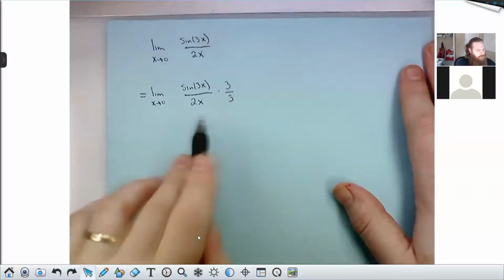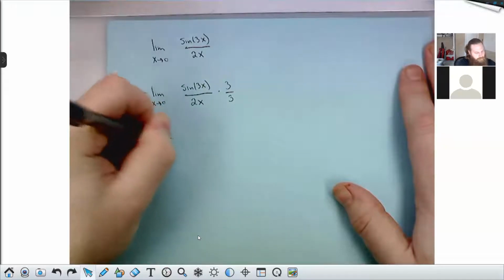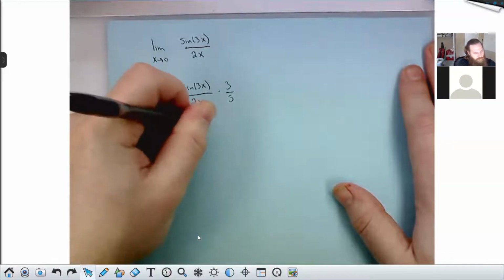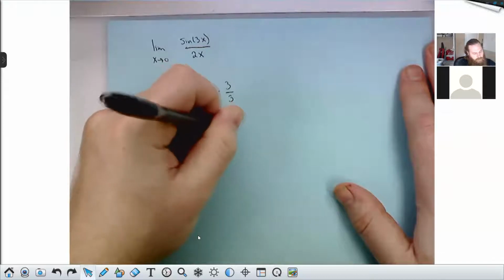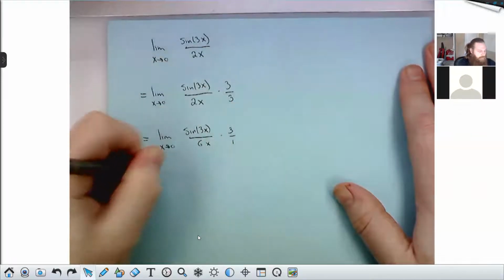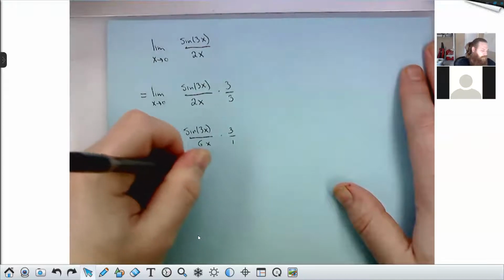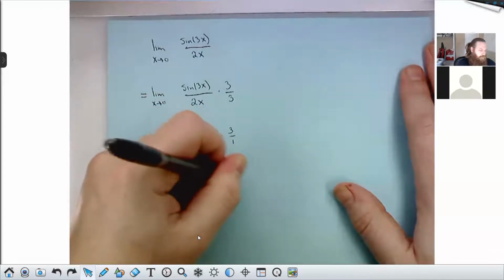And then I'll just swap the 2 and the 3 here, right? If we want to be really careful about it, this is limit x to 0 of sine 3x over 6x times 3 over 1. And then that's limit x to 0 of sine 3x over 3x times 3 over 2.